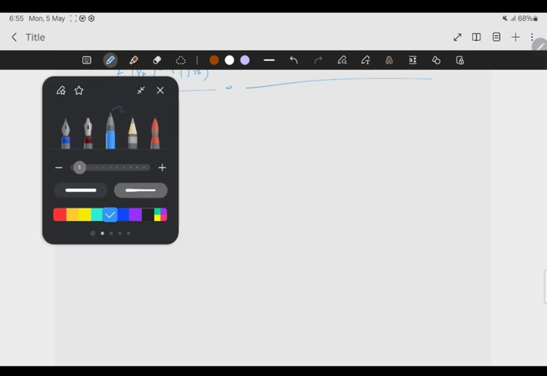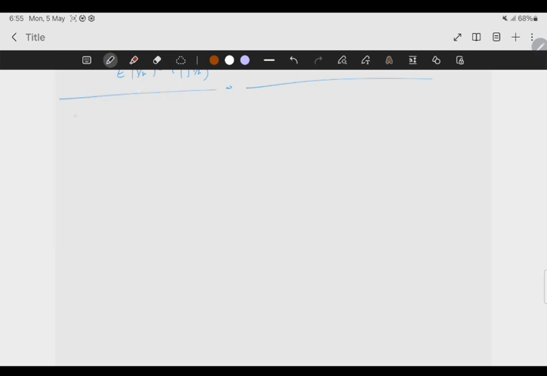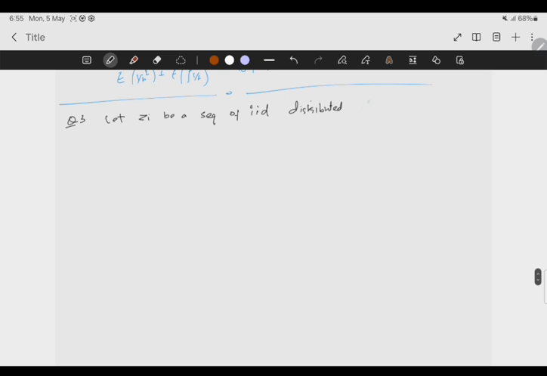Now see, another question is the most important one. Let Zi be a sequence of IID distributed random variables, each having mean equal to 3 and variance equal to 16.